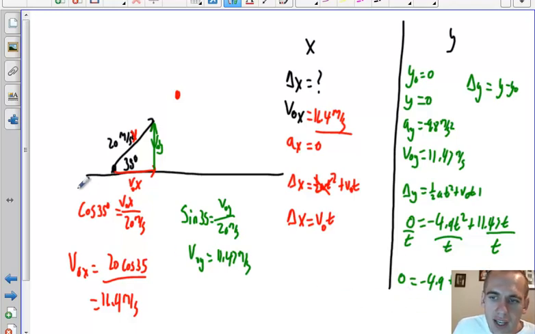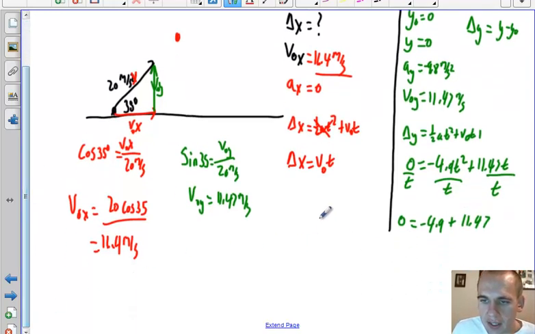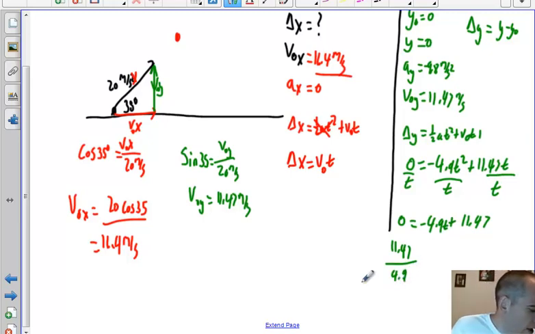Now I can subtract over my 11.47, and I can see 11.47 divided by 4.9 gets me my time. 11.47 divided by 4.9 is about 2.34 seconds. So t equals 2.34 seconds.